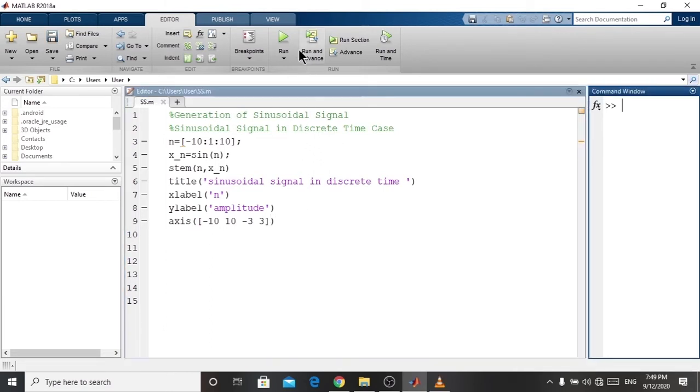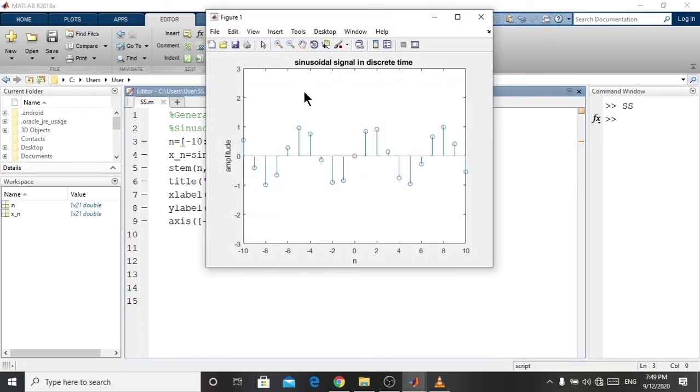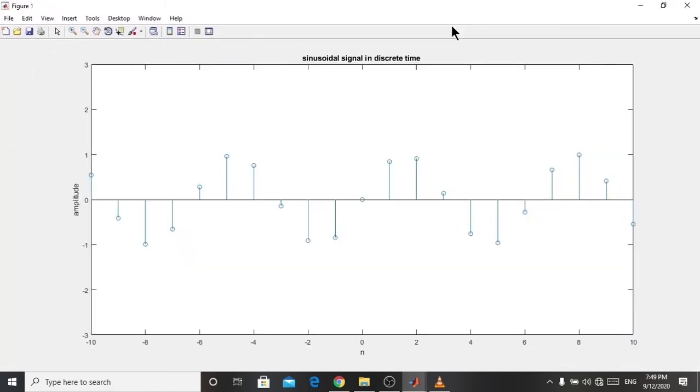So let's run the code and observe how the graph will look like. So the sinusoidal signal in a discrete time domain will look like this. It will plot x of -10, x of -9, x of -8 up to x of 10. The time period between these two instances is known as a sampling period. Let's decrease the sampling period and look how the graph will look like.